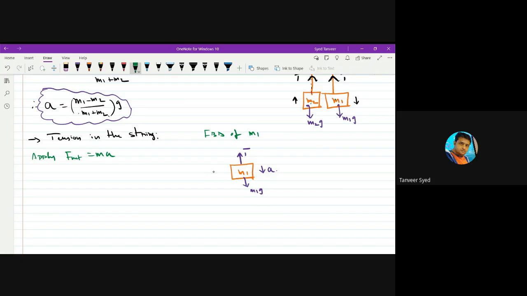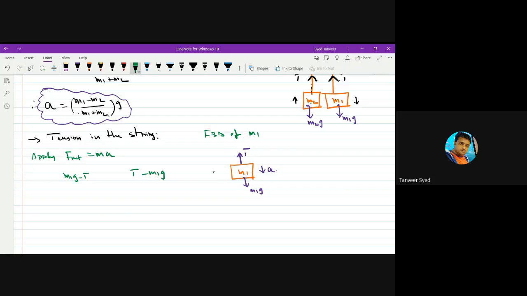What is the net force here on M1? Whenever more than one force acts on a body, immediately you should go for net force to understand its motion. Is it M1G minus T or T minus M1G?